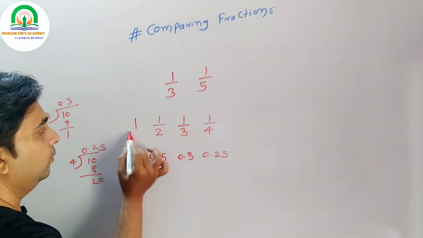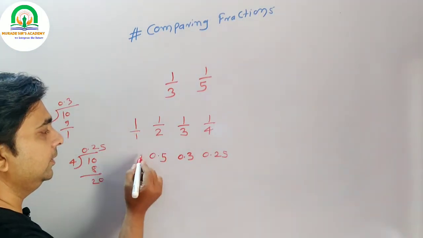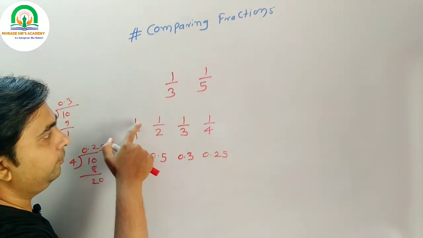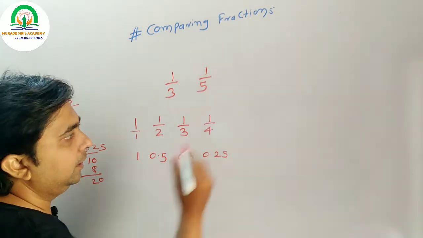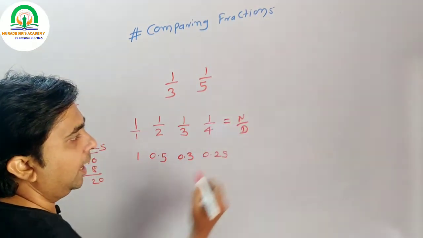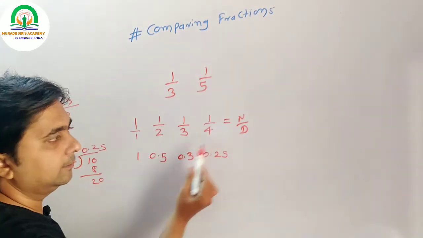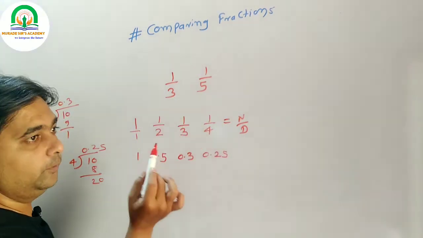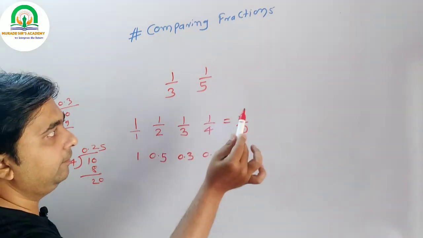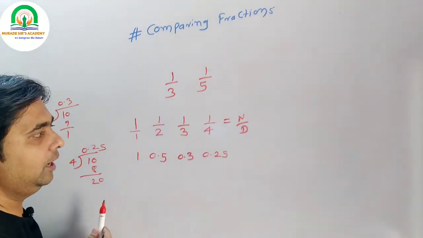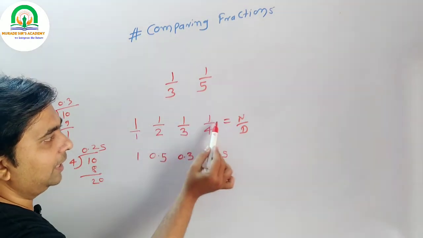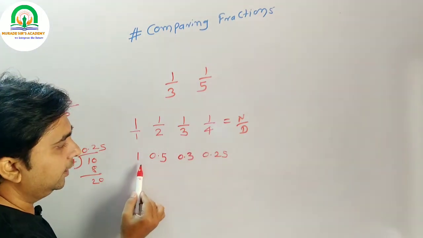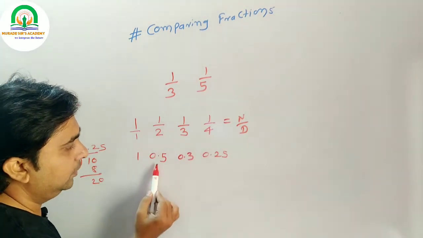Here 1 divided by 1 means 1. Here concentrate: the numerators are the same and the denominator value is increasing. Listen, the numerator is the same and the denominator is different. What will happen if the numerator is the same and I increase the denominator? If I increase the denominator to 2, then 0.5.